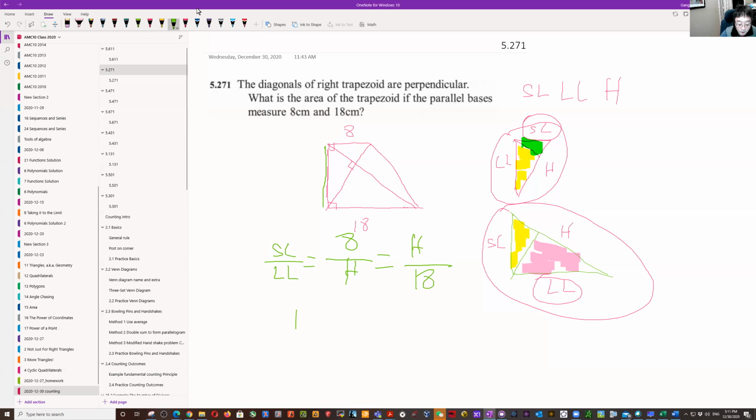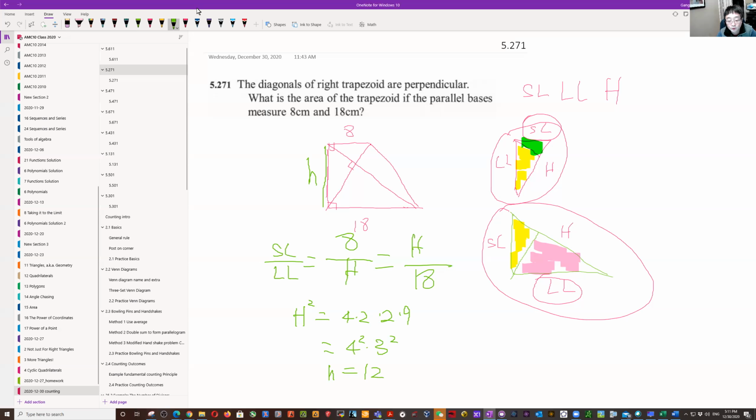So the height squared is going to be equal to, I usually don't multiply them, I just factor them. So it's actually 4 multiply 2 multiply 2 multiply 9. I can even factor them more. So this is 4 squared multiply 3 squared. So obviously h will be equal to 12.